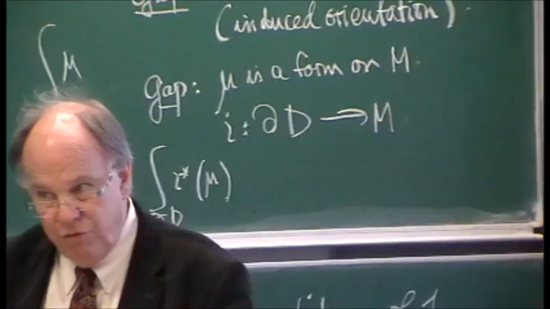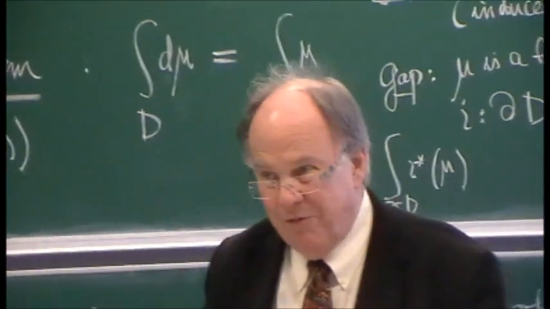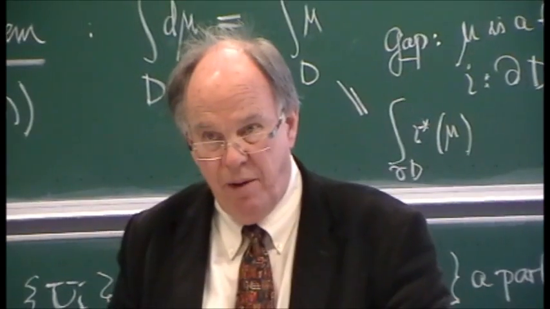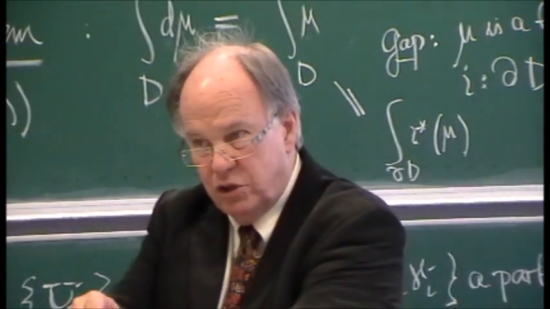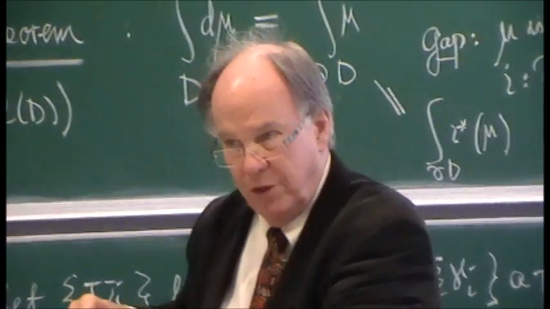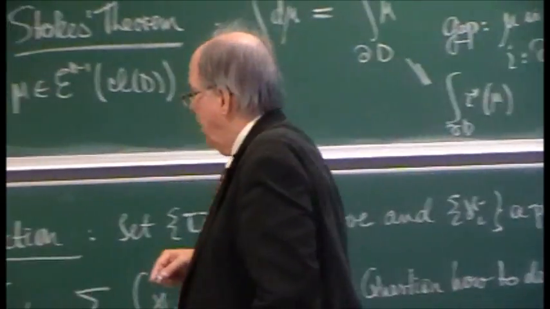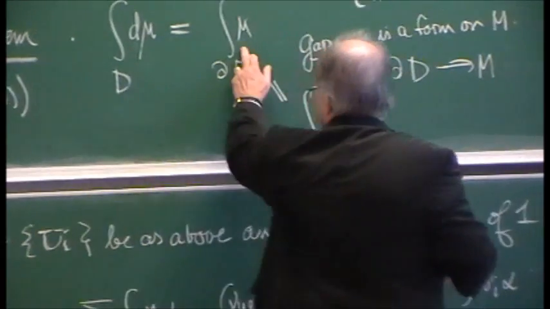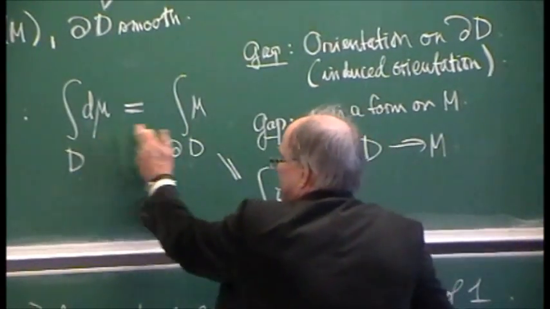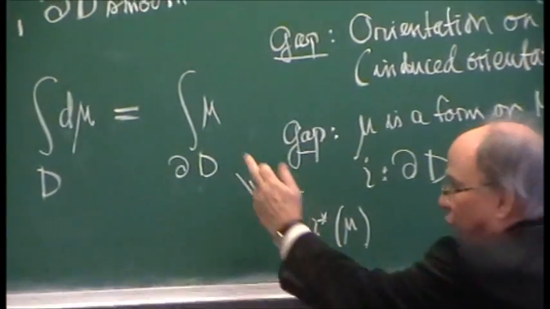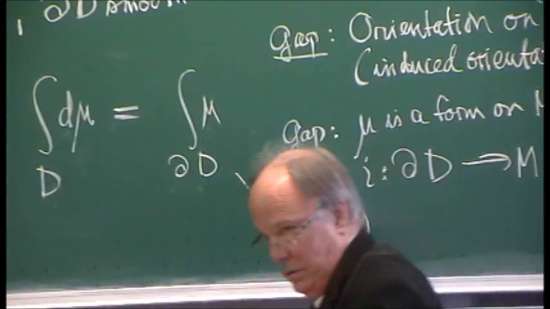You can call it restriction if you want, but you will get in big trouble if you start restricting forms instead of pulling back. Always write the map that you have. The map in this case is just the map of the boundary into M, and you just pull it back to the boundary. Okay. So that is what I mean by this. Many people write this thing because it's so beautiful, but actually it's the pullback of this form to the boundary that you're really dealing with.